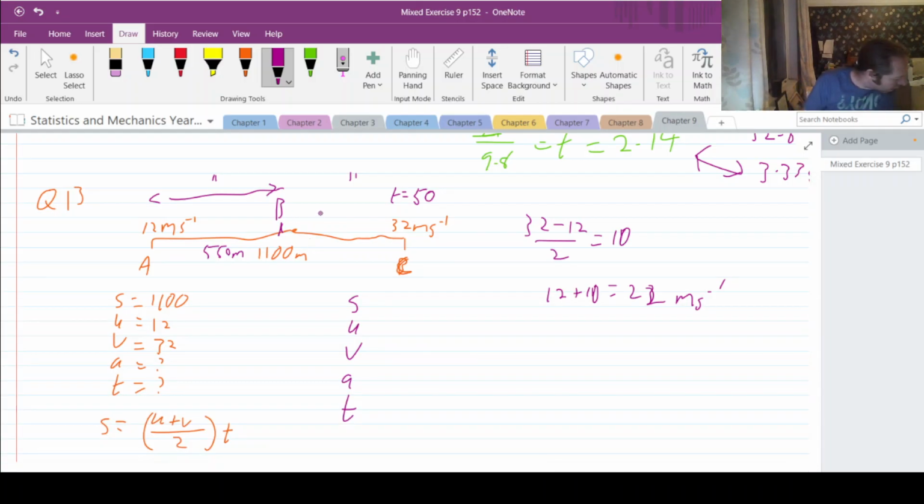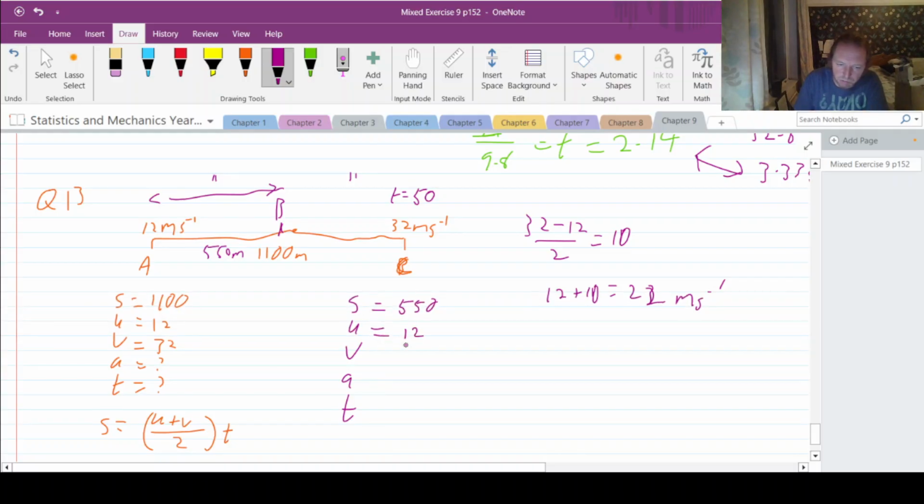Okay, calculate the speed. So distance is 550, and initial speed was 12, the final velocity we're not sure on, the acceleration is still just A, and the time we don't strictly know. We could also do a SUVAT on the second part of the journey.